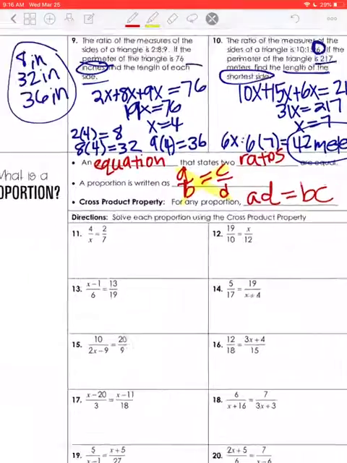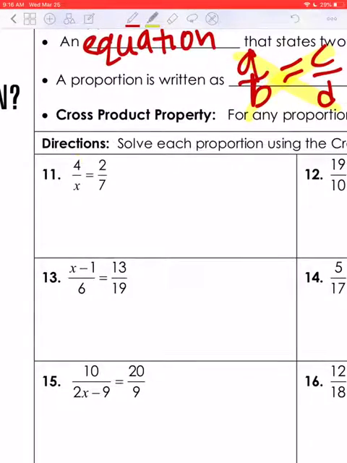Let's look at number 11 first. I'm going to multiply across, and I will get 4 times 7 equals 2 times x. Now, of course, this could be switched, and it'd still be equivalent.